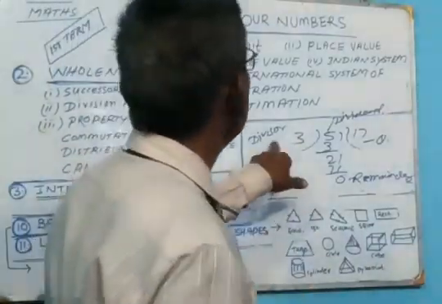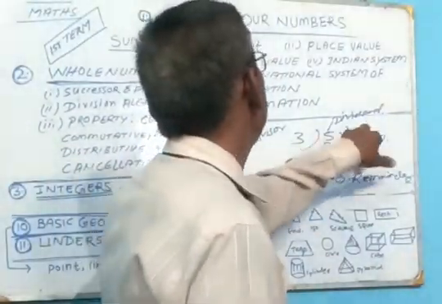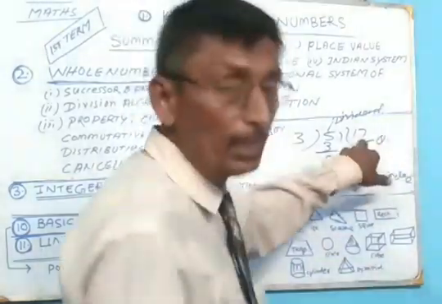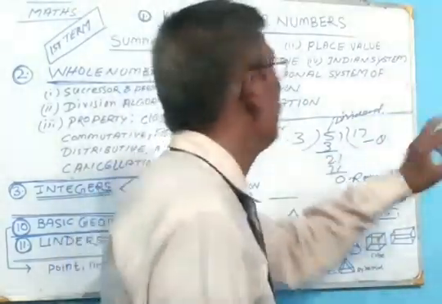So here 3 is divisor, 51 is dividend, 17 is quotient, and 0 is remainder.